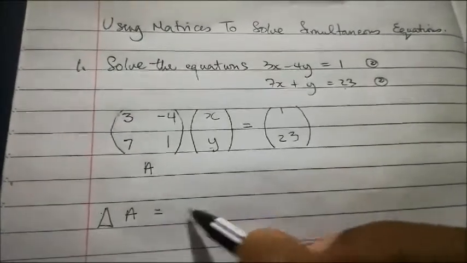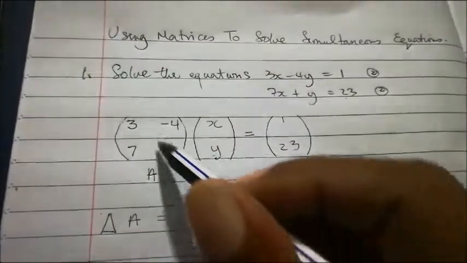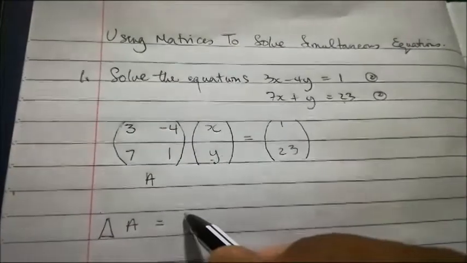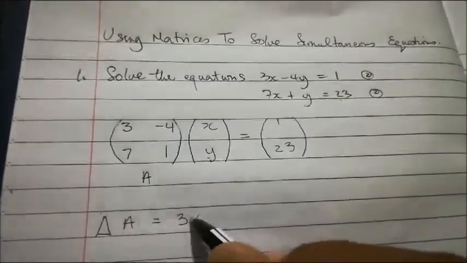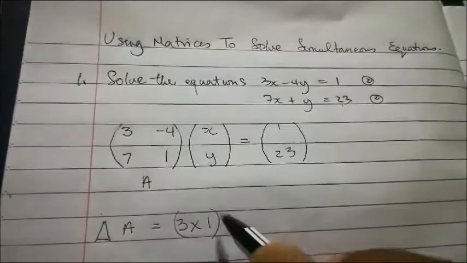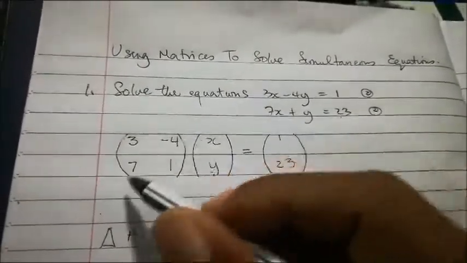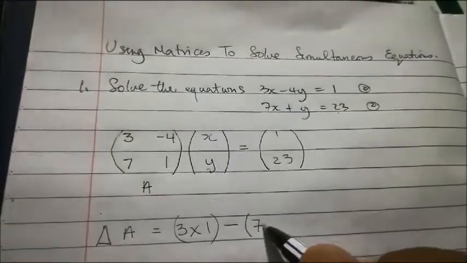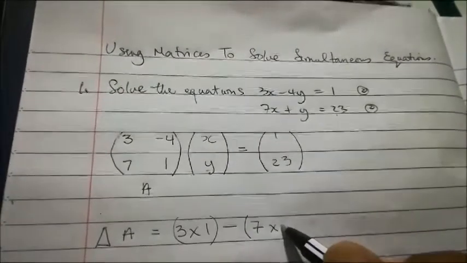our first step is to multiply the leading diagonal by the other diagonal. So it's going to be 3 times 1, and then we're going to subtract the other diagonal from it, right? So it's going to be 7 multiplied by minus 4.